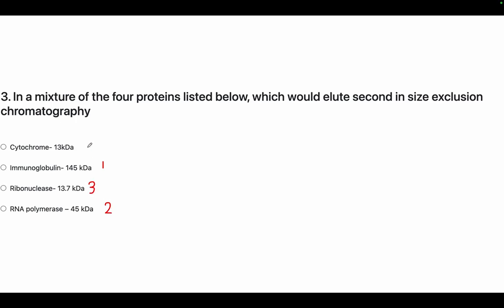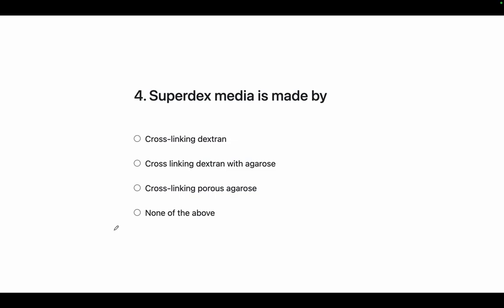Ribonuclease and cytochrome have very similar molecular weights, but we will assume that this column is able to separate them properly. So ribonuclease, which is 13.7, will elute first, and cytochrome will elute last. So they're asking which will elute second, and that will be RNA polymerase from this mixture.